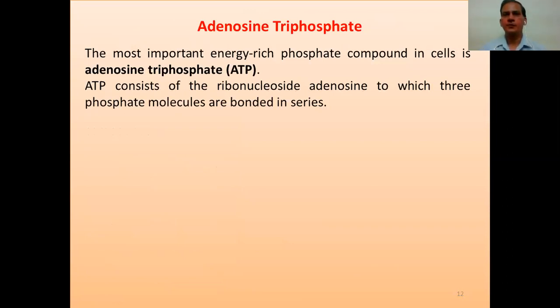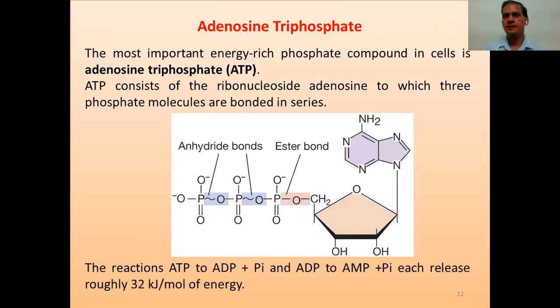So the most important energy-rich phosphate compound in cells is ATP. That's one of the reasons that we call ATP the energy currency of the cell. ATP consists of the ribonucleoside adenosine, to which 3 phosphate molecules are bonded in series. So this is what the structure is.